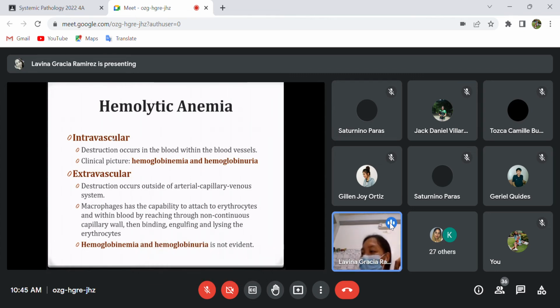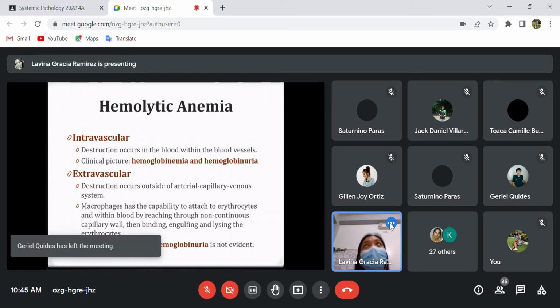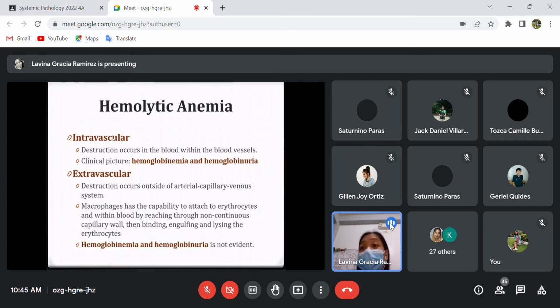Pag di nyo naintindihan yan, di nyo maintindihan ang mga manifestations later sa cardiovascular and digestive system, particularly icterus.